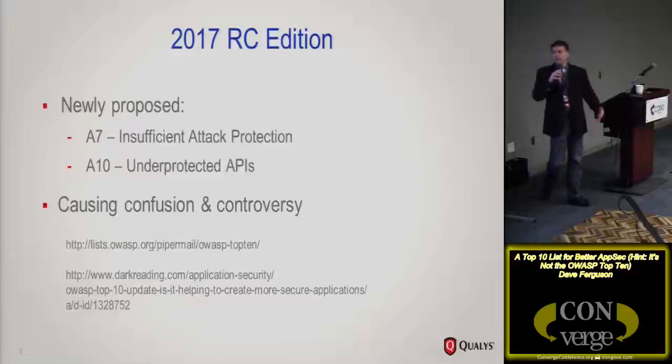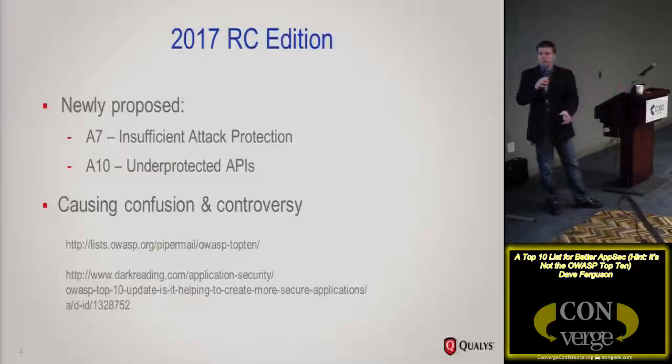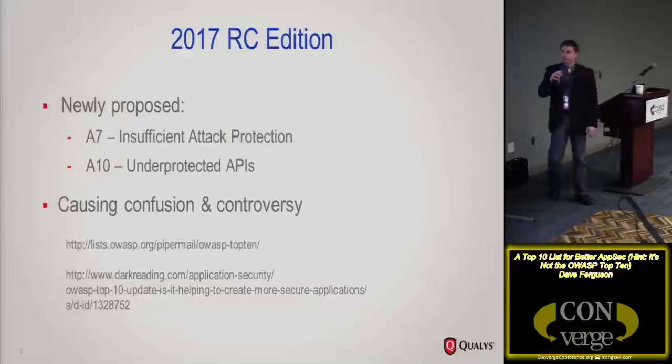And protecting APIs is great, but essentially, it seems redundant to me, because if you're saying that the OWASP Top 10 is just for web applications, you can just say that and say, oh, and also it's for APIs. So you don't need an actual item in the OWASP Top 10 saying also protect APIs. Just my thoughts on it, but we'll see how the final version comes out.